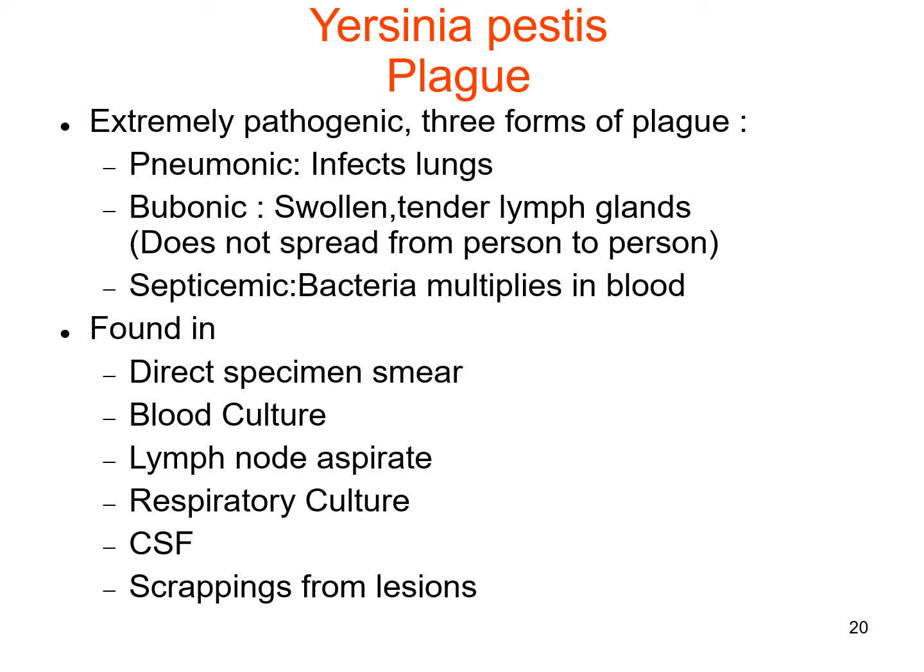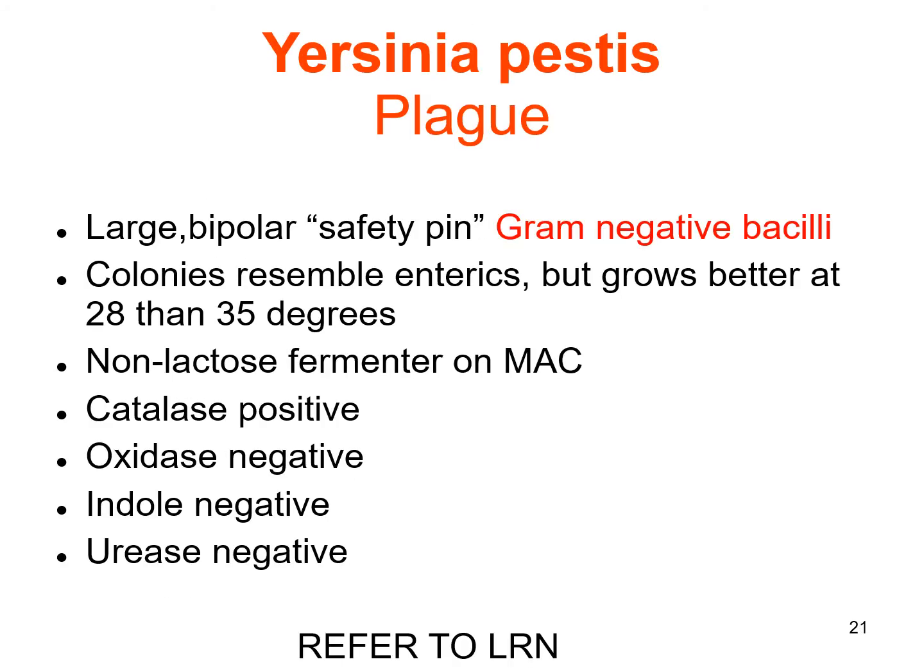Yersinia can be isolated from numerous samples and observed on direct gram smear. The sample sources include blood culture, lymph node aspirates, respiratory cultures, cerebrospinal fluid, and also scrapings from the lesions. Yersinia pestis has a distinct gram stain appearance. It resembles bipolar safety pins and stains as a gram-negative bacillus.